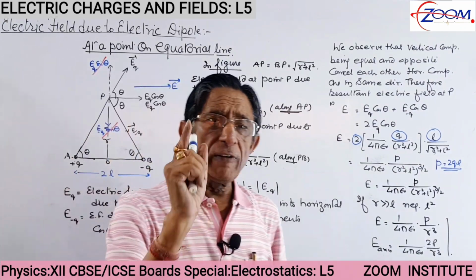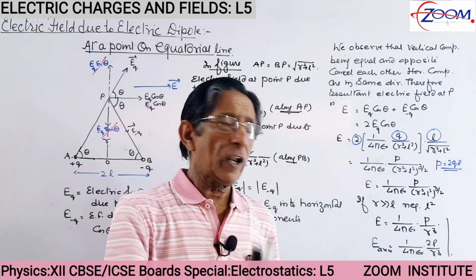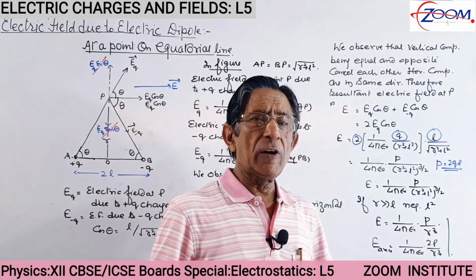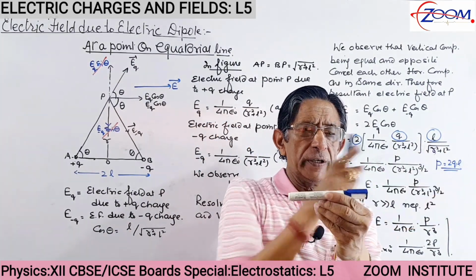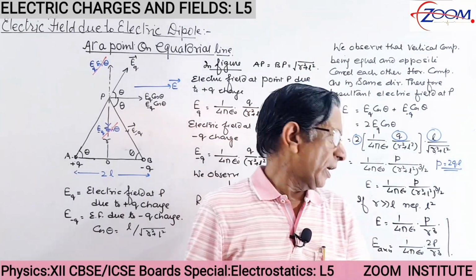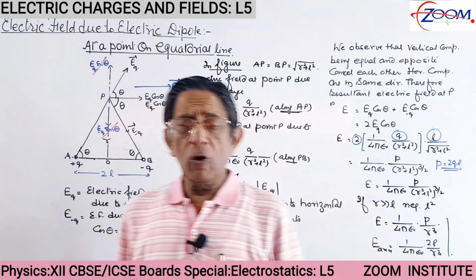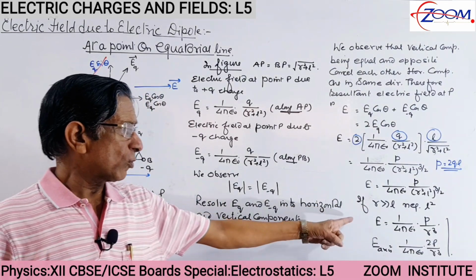If we keep the value of r the same, the electric field on the axis is double that on the equatorial line. Suppose this is an electric dipole and we take 10 centimeter point here and 10 centimeter point here, then the electric field at a point on the axis will always be twice the electric field at a point on equatorial line.